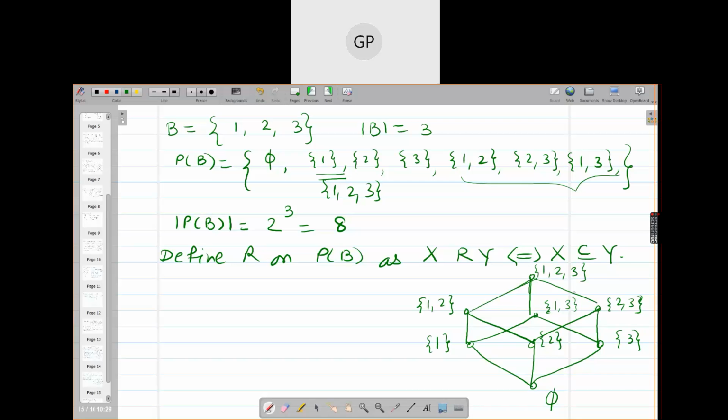So again here PB contains 8 elements. Since there are 8 elements, this cubical shape is coming. And you are getting 2 triplets which are non-comparable. Look at the 2 triplets.